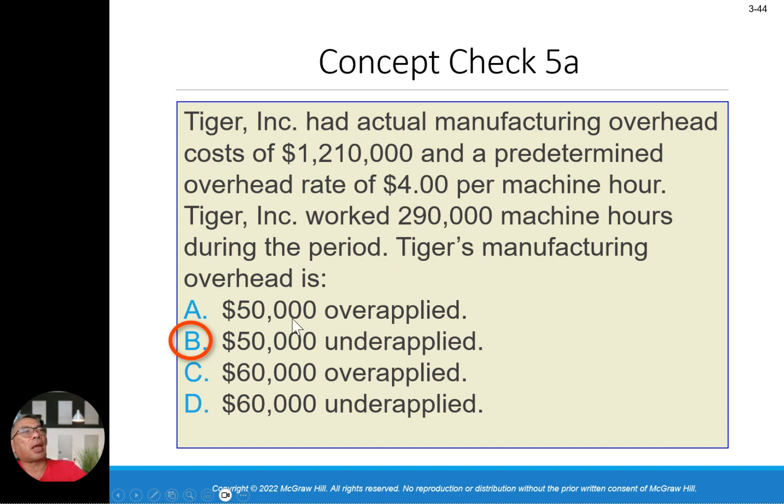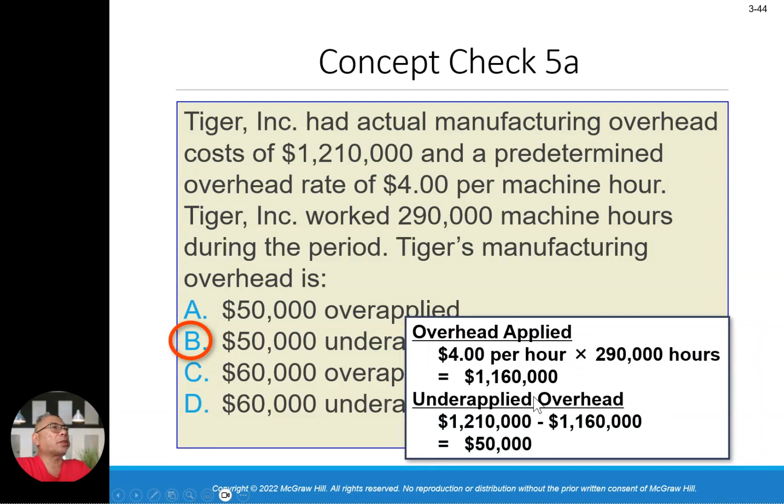What is Tiger's manufacturing overhead cost? We're going to look at this step by step. $4 times 290, you get 1.160. This is the overhead applied. The underapplied, which is 1.21 minus 1.160, is 50,000 underapplied. Okay, so that's just the step.